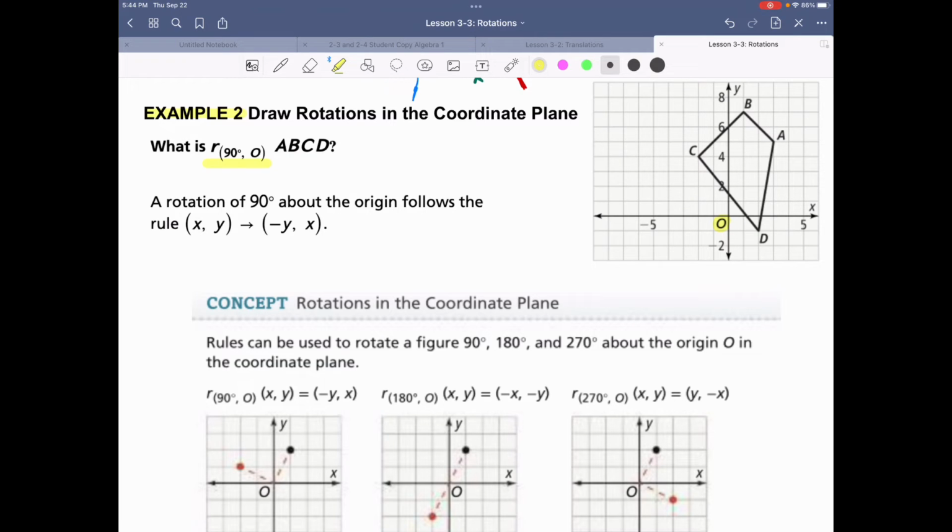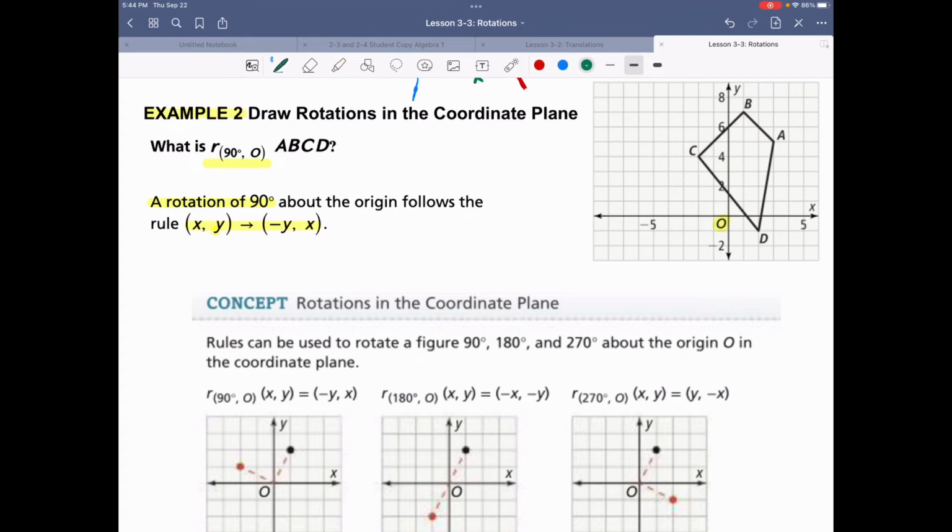Well, there is a rule for that, which is down here, and it says that if we want to make a 90-degree rotation, this is what we do to the coordinates. So a rotation of 90 degrees about the origin means that we're going to switch the x and y, and we will make the y negative.